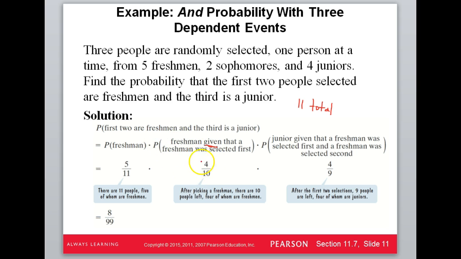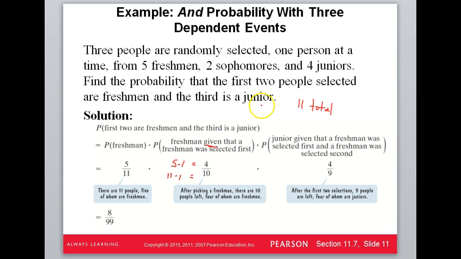Well, if the first one was a freshman, there's one less freshman left to be drawn for the second one. And no matter who was drawn, there's always one less in the group because we're not going to allow the same person to keep going back into the group. So that's where the 4 and the 10 are coming from.